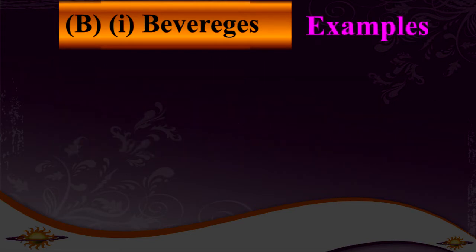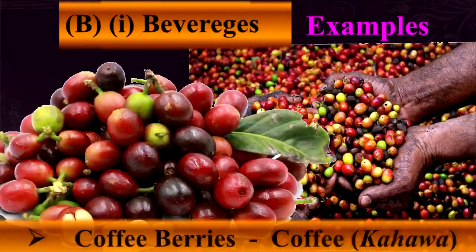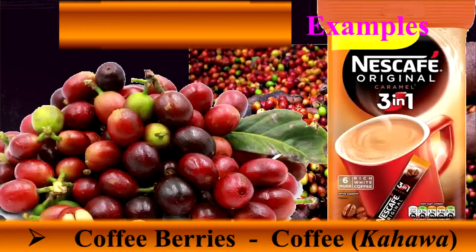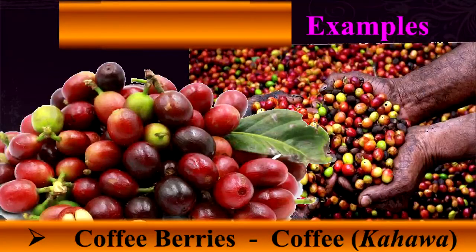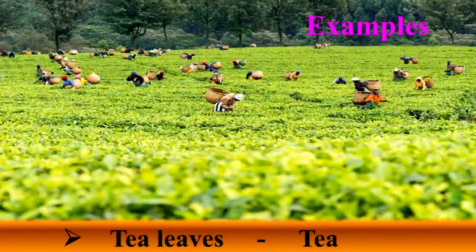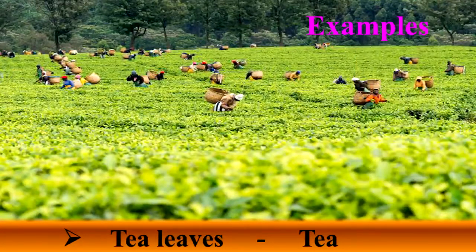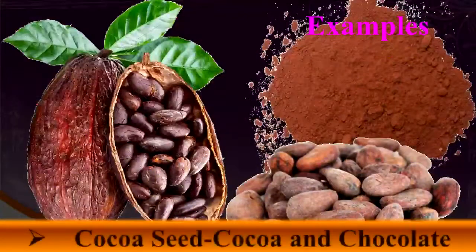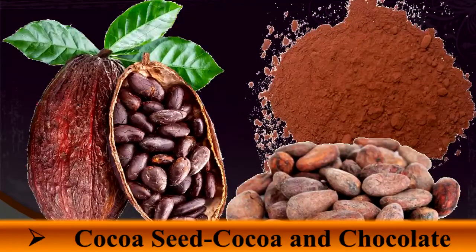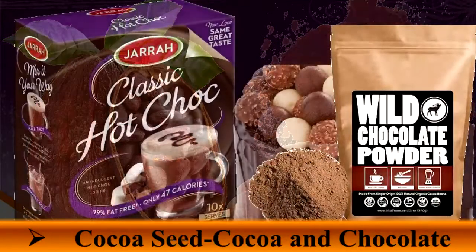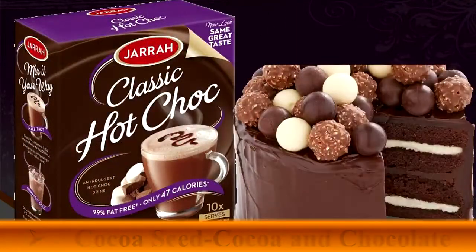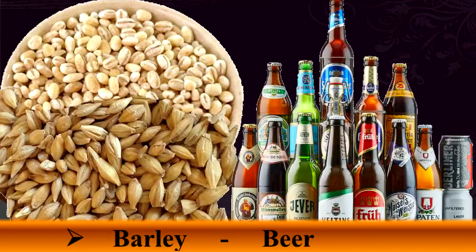The examples include coffee berries, which gives us coffee or kahawa. Tea leaves, which gives us tea. Cocoa seed, which gives us cocoa or chocolates. And then we have the barley, which gives us beer.